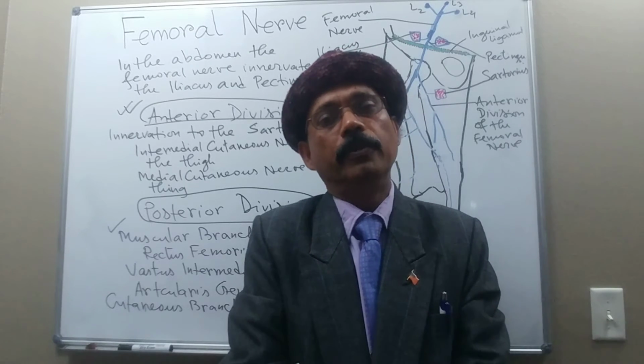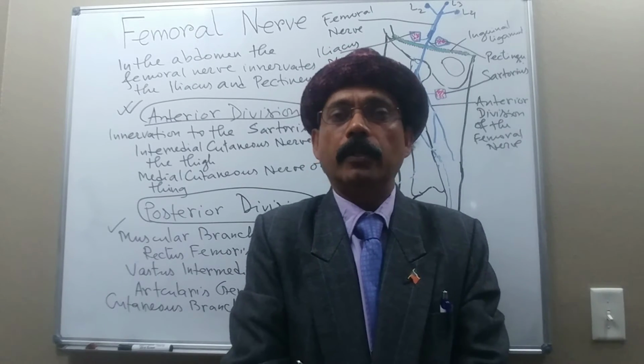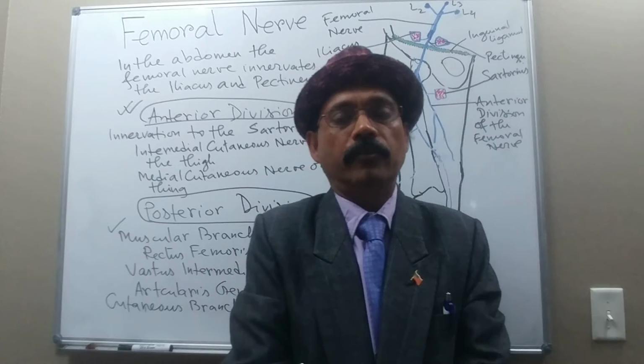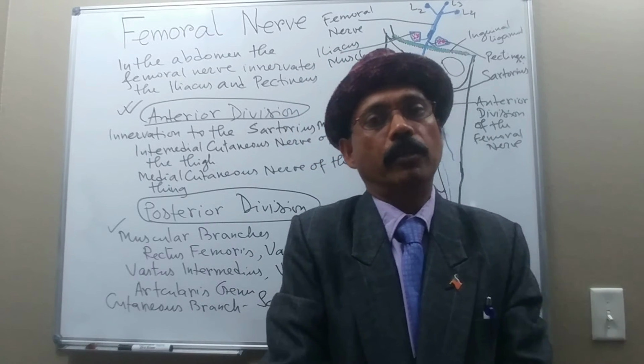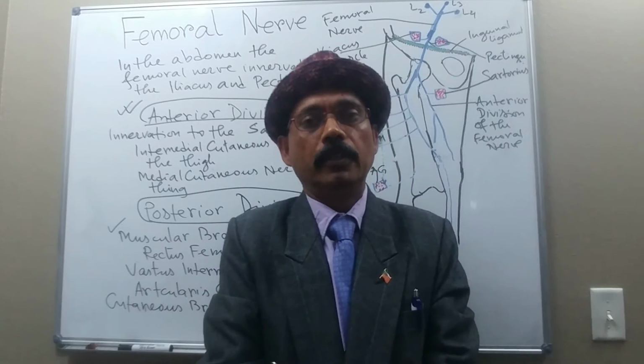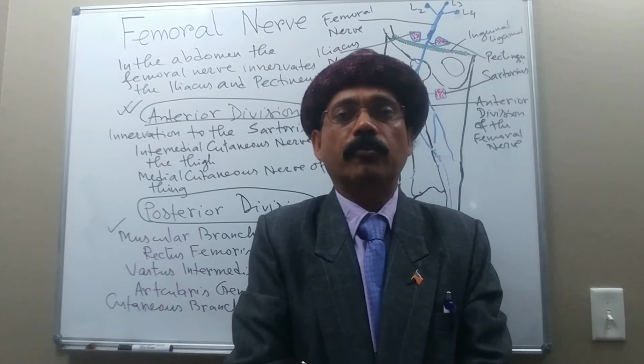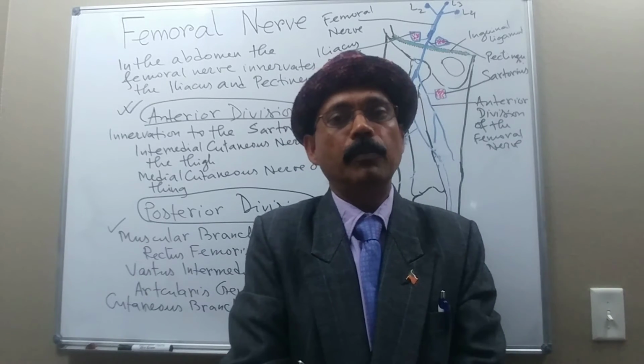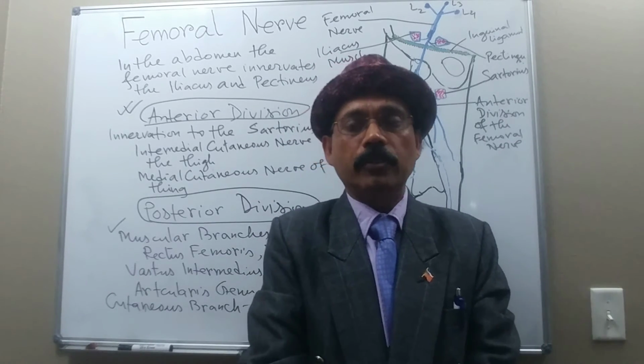That nerve is a long nerve. It goes to the adductor canal. It is in close relationship to the femoral vessels, and it comes out between the sartorius and gracilis near the medial side of the knee joint.